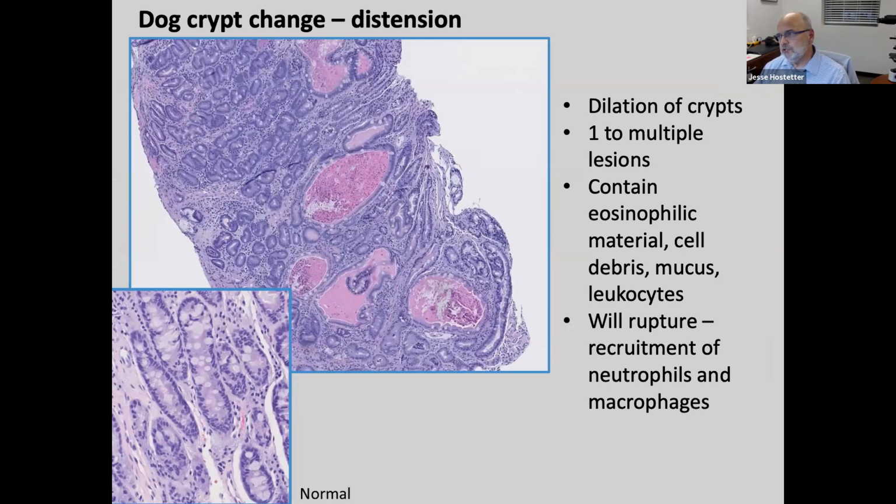I think crypt change is the preferred terminology for this. Sometimes these crypts will rupture and leak this material out into the lamina propria. This stimulates a pretty strong inflammatory response, and oftentimes you'll get macrophages in there as well as neutrophils. So that is crypt change.